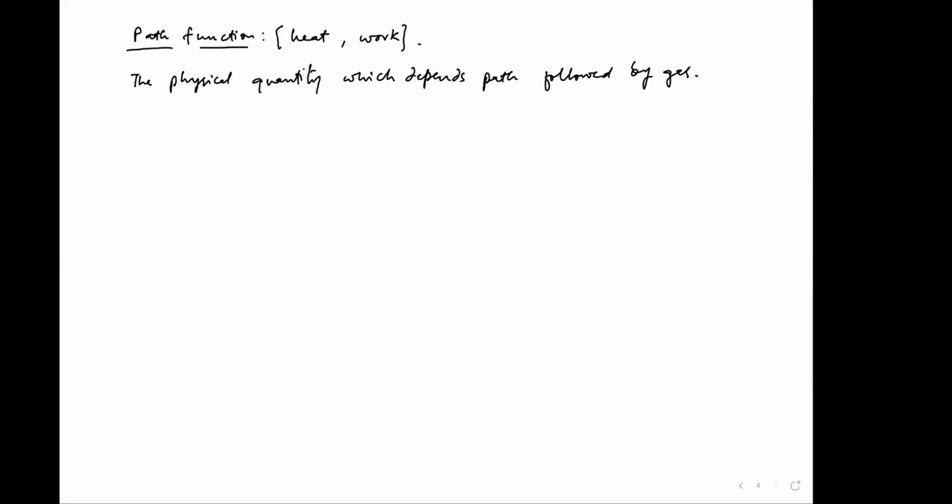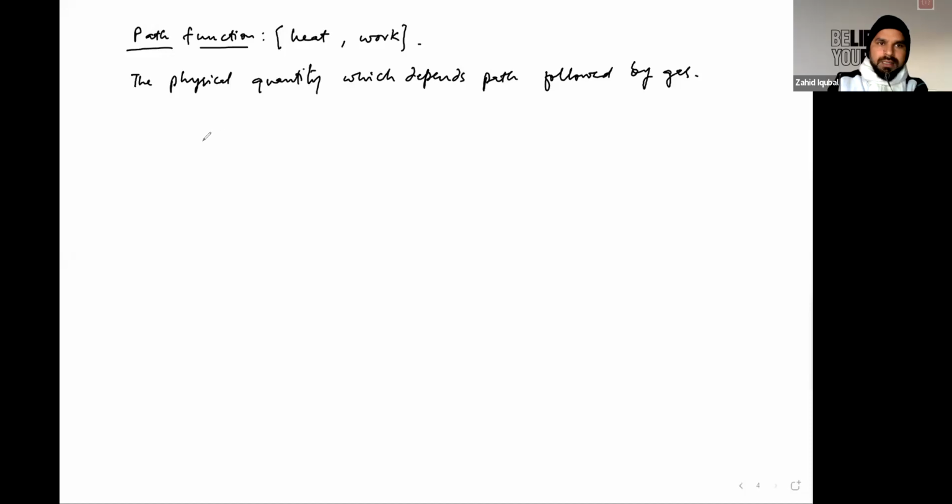Yes, sir. Okay, so first is how to calculate heat. dQ equals n times C times dT, where n is the number of moles and C is the molar specific heat related to that given process. On the basis of this you will be able to calculate heat supplied or ejected from the system, and we may define the sign convention.